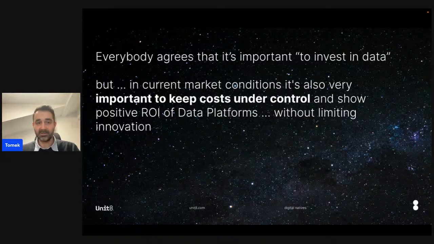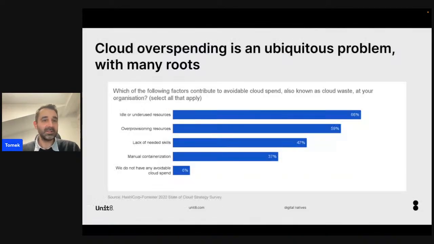Also because of the current market conditions and some turbulences and uncertainties that are around us. So it's super important and crucial to keep the costs under control and also to show positive ROI of data platforms. All that without limiting innovation. So it's a tricky subject.